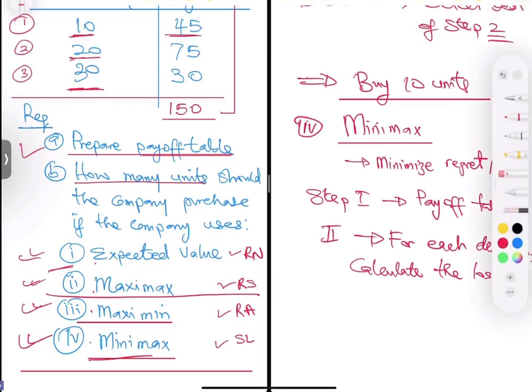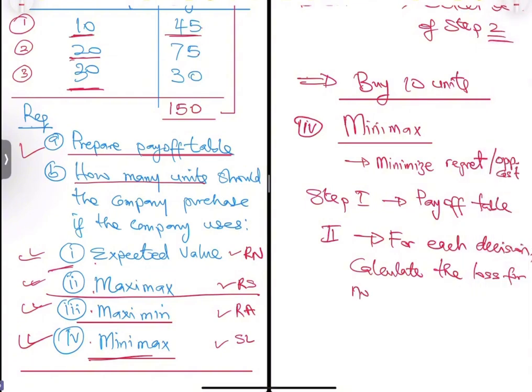So it's about your decision. The loss for not taking the best decision under each possible outcome.